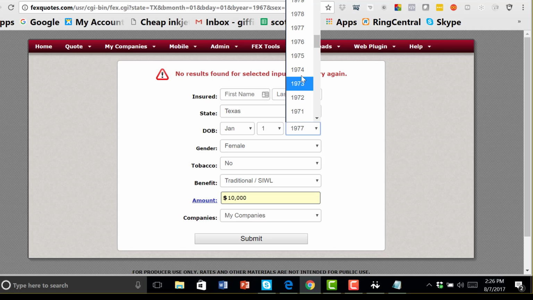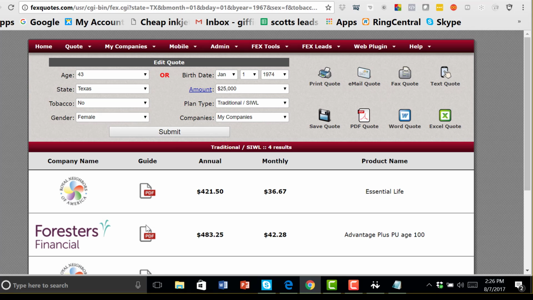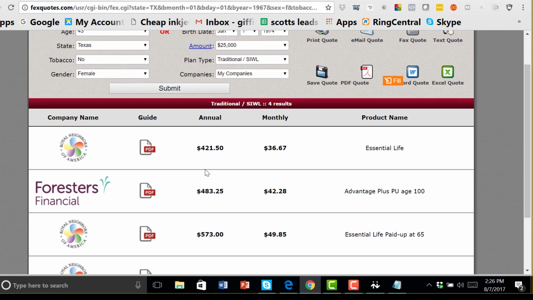So Texas, 74, female, traditional. Oh, 25,000. There we go. So if they don't pop up, sometimes it's because they require a certain amount of coverage in order to get a policy in that state. So 25 is usually the limit.